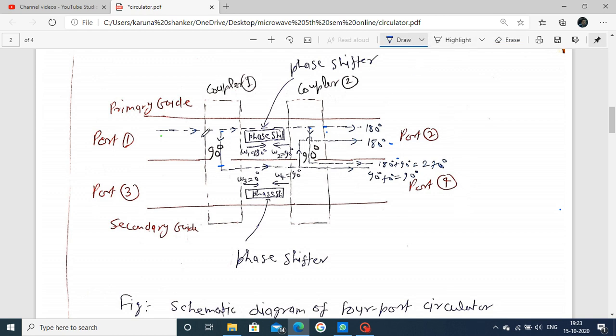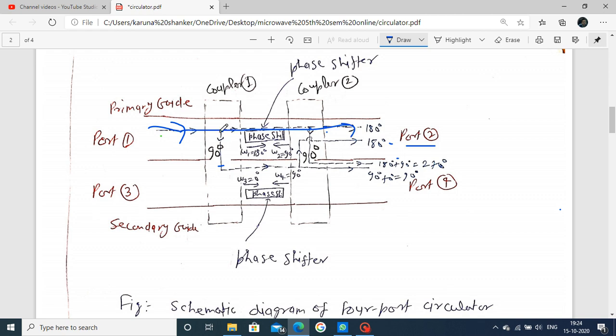To conclude the working, we apply port number 1 as input, and at port number 2 the output comes with a 180 degree phase shift. The phase shifter provides a 180 degree phase shift, that's why 180 degrees comes here.